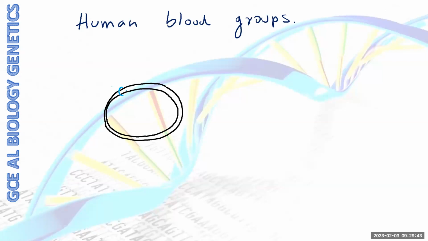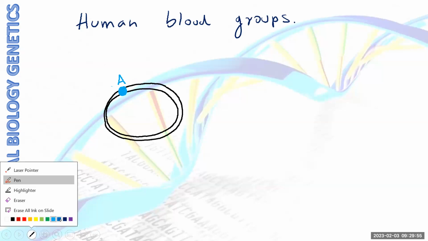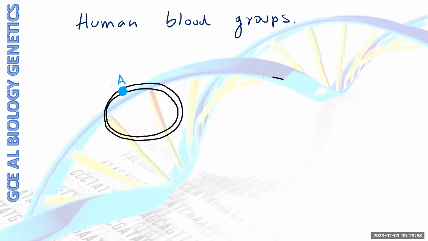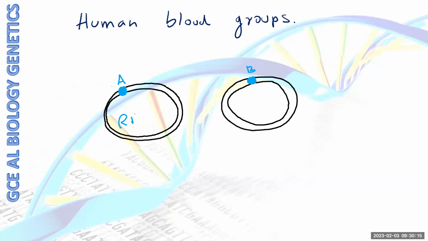This protein is designated as protein A. And there is another protein existing in red blood cells, called protein B. So this is a red blood cell, and this is another red blood cell.